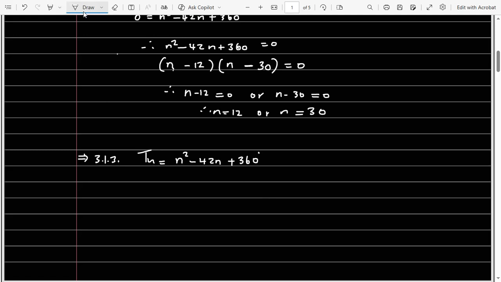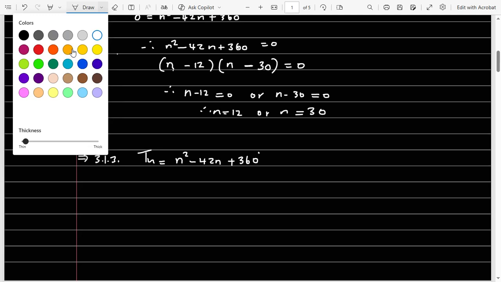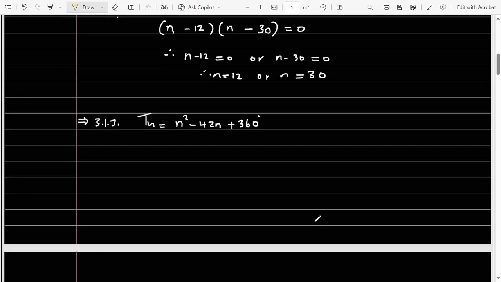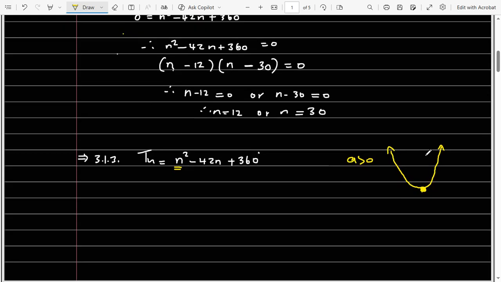What they are asking is that you find the turning point, the x value of the turning point. First, look at the value of a. If a is greater than 0, the quadratic will have a happy face. So if it has a happy face, this point here is my minimum value.